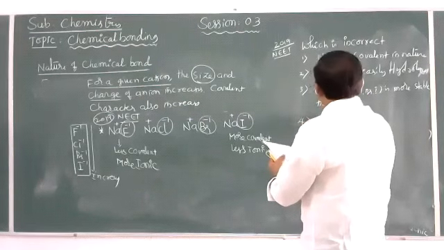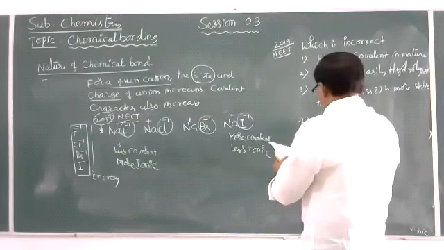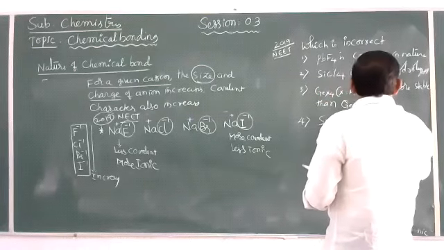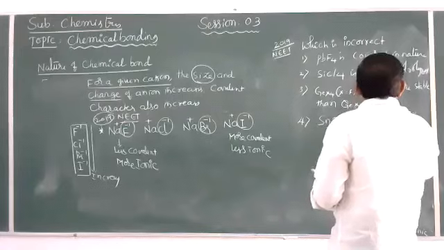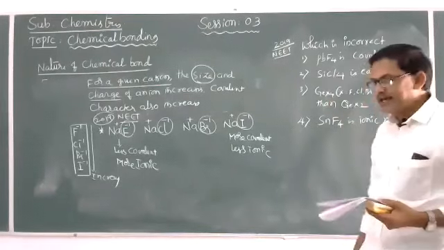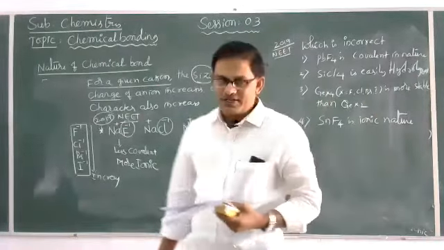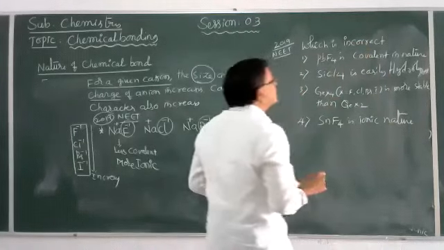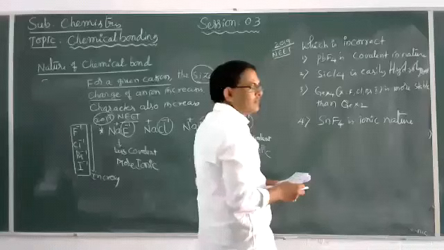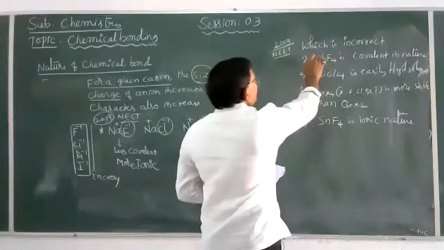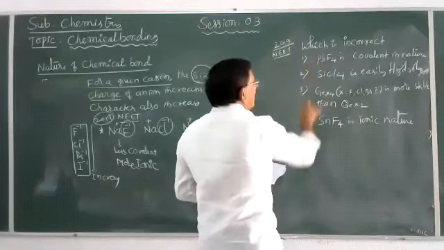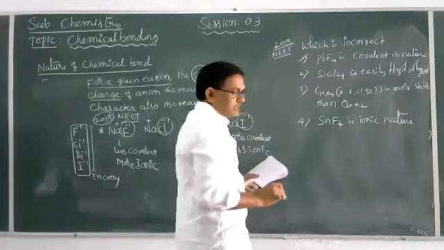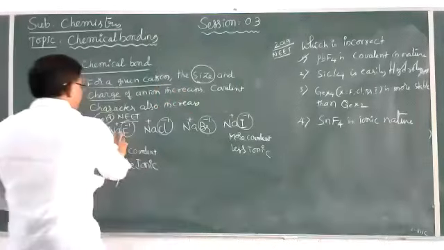And fourth one is SnF4 is ionic in nature. These are the four important options created. So which of the following statements is incorrect? Among these four options, the first one is incorrect according to this concept.